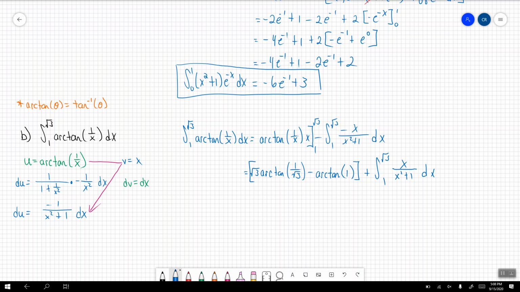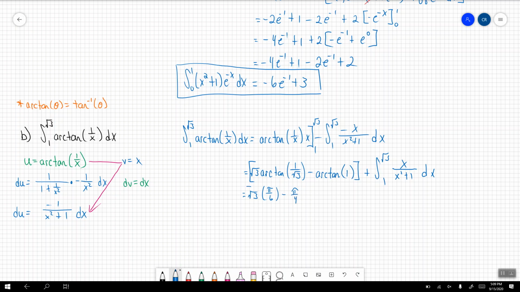Well, remember, the outputs for tan inverse are bounded between negative pi halves and pi halves, non-inclusive on the pi halves. This particular answer for arctan is going to be the angle measurement of pi sixths. Pi sixths, in other words 30 degrees, should get us that ratio for tangent to be 1 over root 3. Minus, what ratio for tangent gets us 1? Well, that's 45 degrees, which means it's pi fourths.